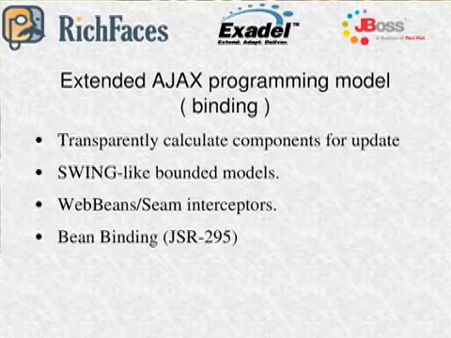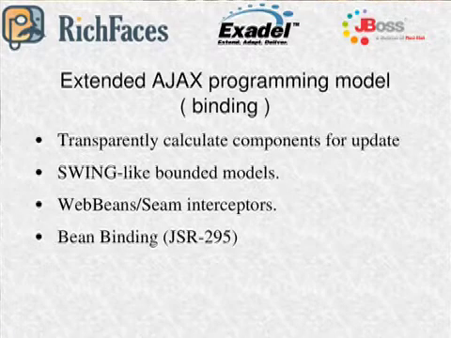I think we can do it with Web Beans interceptors to check any calls to setter methods of a Java bean and recognize any change. Probably it would be something like JSR 295 bean binding.